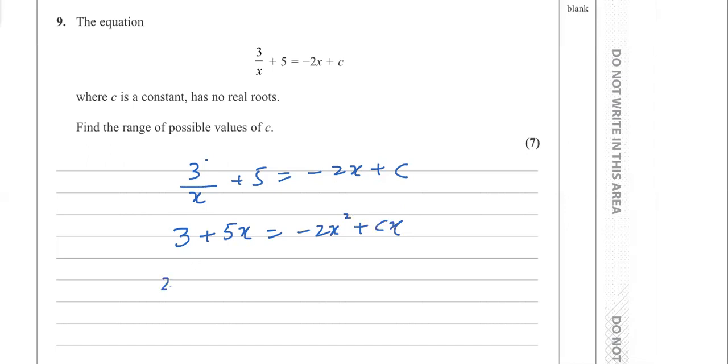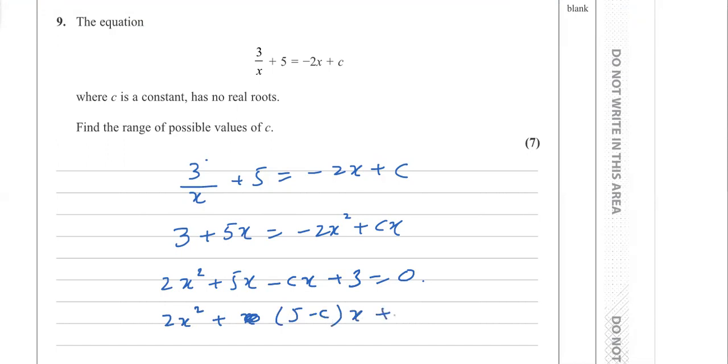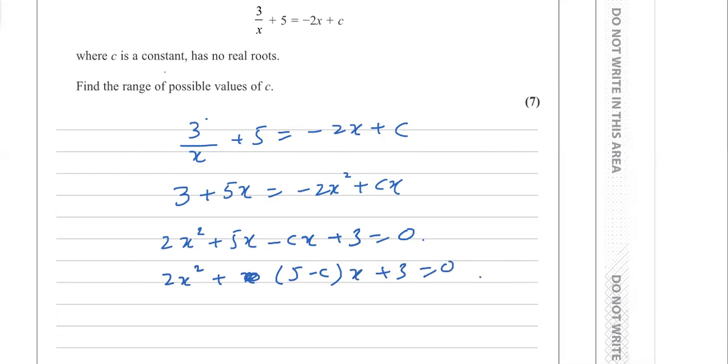Shifted to the other side, it becomes 2x square plus 5x minus cx plus 3 equals 0. Now I can write it as 2x square plus (5 minus c) x plus 3 equals 0. Now this is a quadratic equation, and it's given that this equation has no real roots.